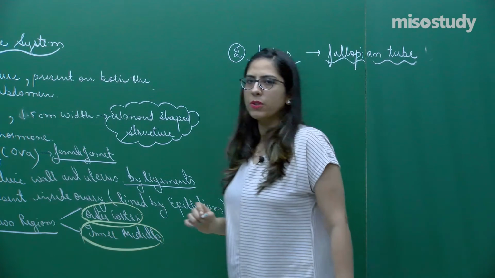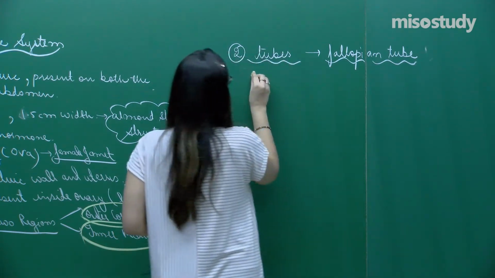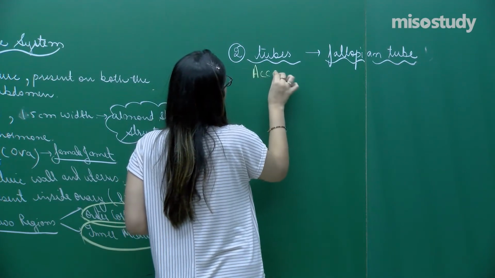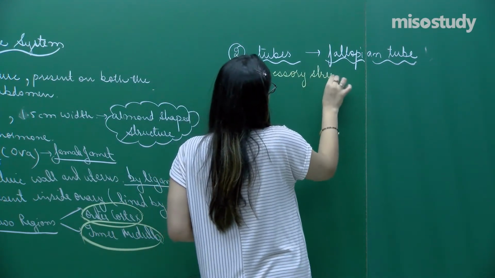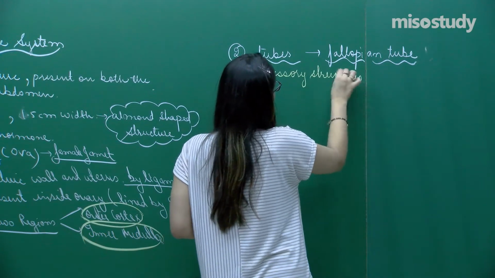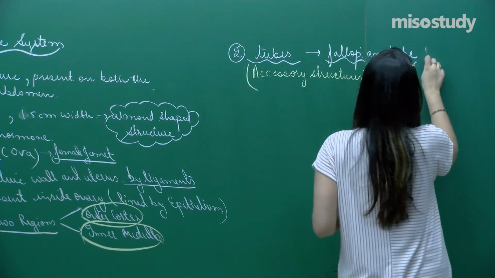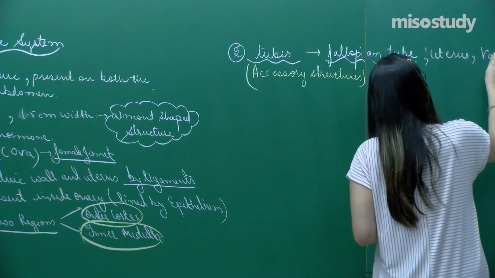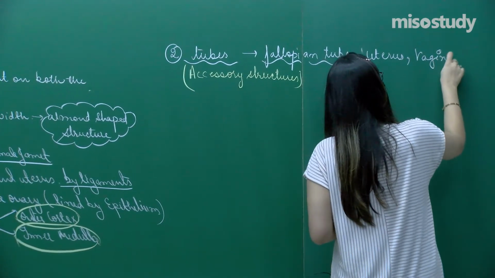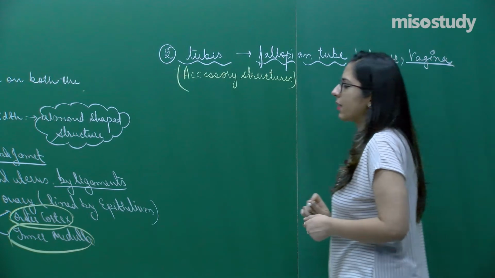Here we are talking about some accessory structures. We have the uterus present, we have the vagina present. Uterus, vagina, fallopian tube, etc.